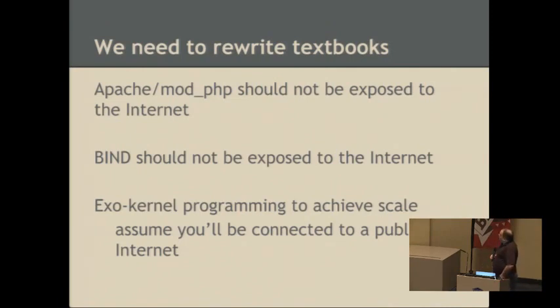What those textbooks should have in them, the changes in how to build a scalable web application, should be using these techniques I described: better synchronization, better thread scalability, that sort of stuff. Direct access to the network card instead of going through the kernel. And it should be built hardened with the idea that I've got hostile enemies directly attached.